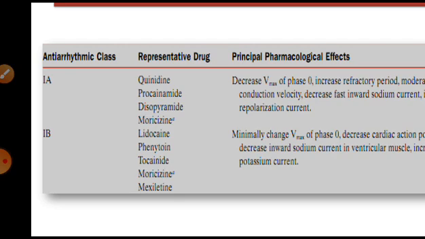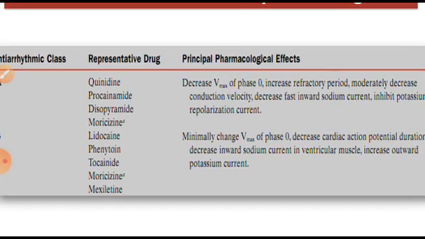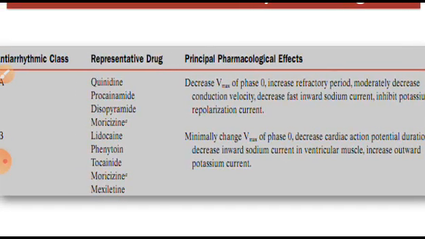Here we have quinidine, procainamide, disopyramide, moricizine, and alongside these drugs we have a slight indication of the mechanisms they follow.